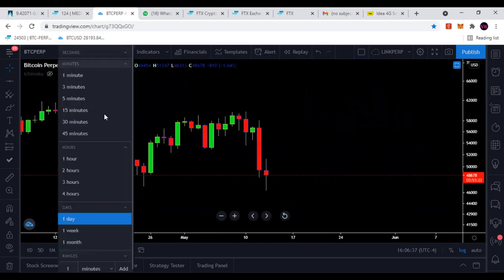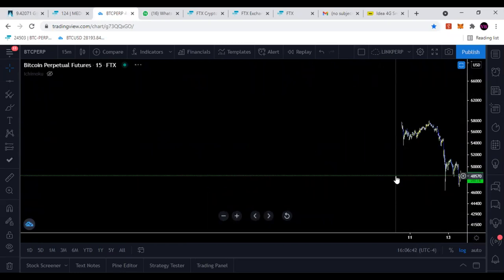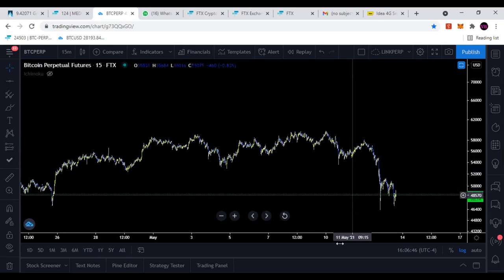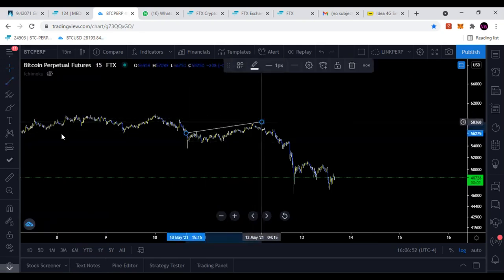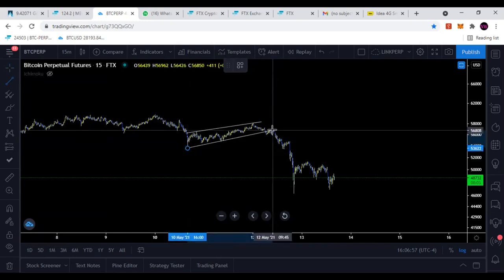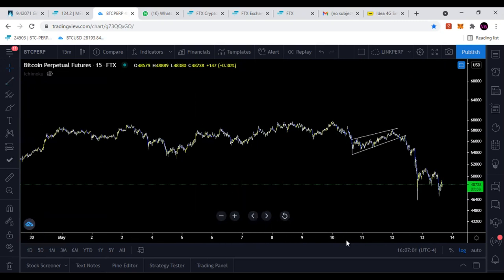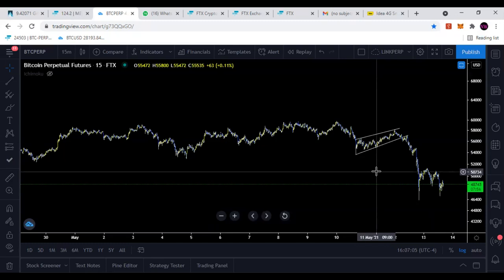So if you go down to 15 minutes, you will see a lot of chart patterns that have formed, which actually you should have made a lot of profit with, because in the lower time frame you get more chart patterns that have formed, this here and this here. So with this, you would have taken this straight down. The same thing here, here and here. So just like the 1, 2, 3, 4 bullish, bearish move down.